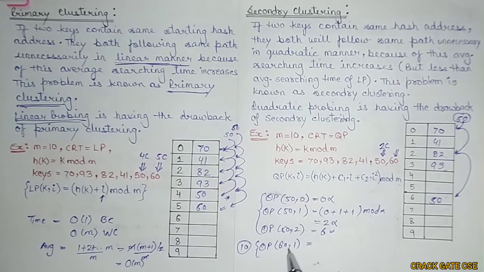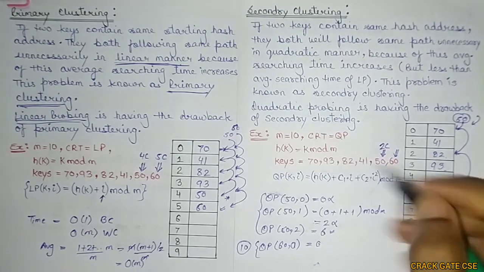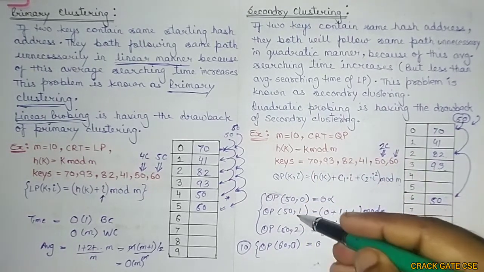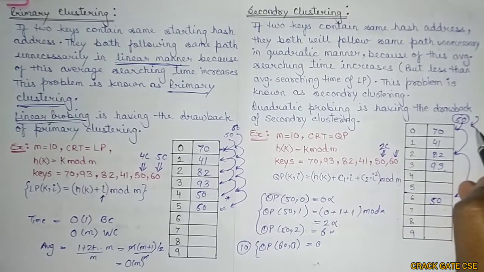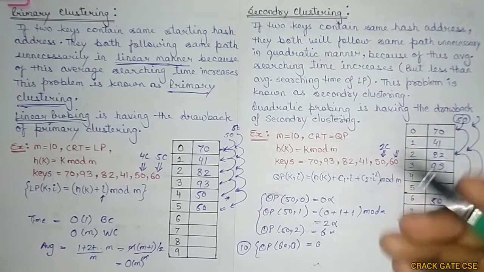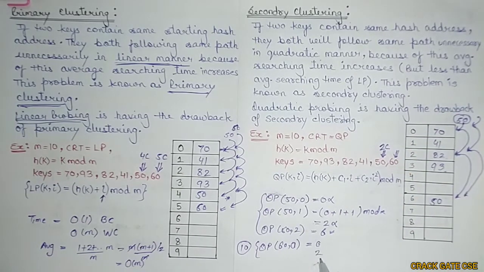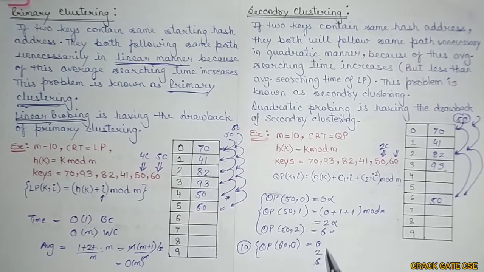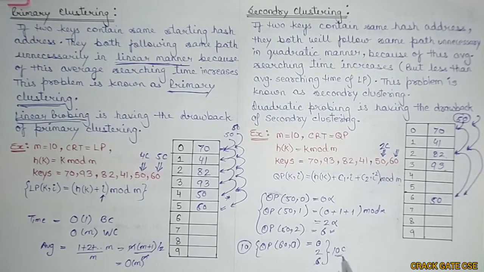So 60 comma 0 will give 0, so we will start from here only. After that we will move in a quadratic manner. So when the value is 1, we will get 2 again, so we will check for 2. After 2 we will get 6, right? So after 6 we will get repeated values, either 0, 2 or 6. So here we are getting 10 collisions and it will not be able to enter the table.